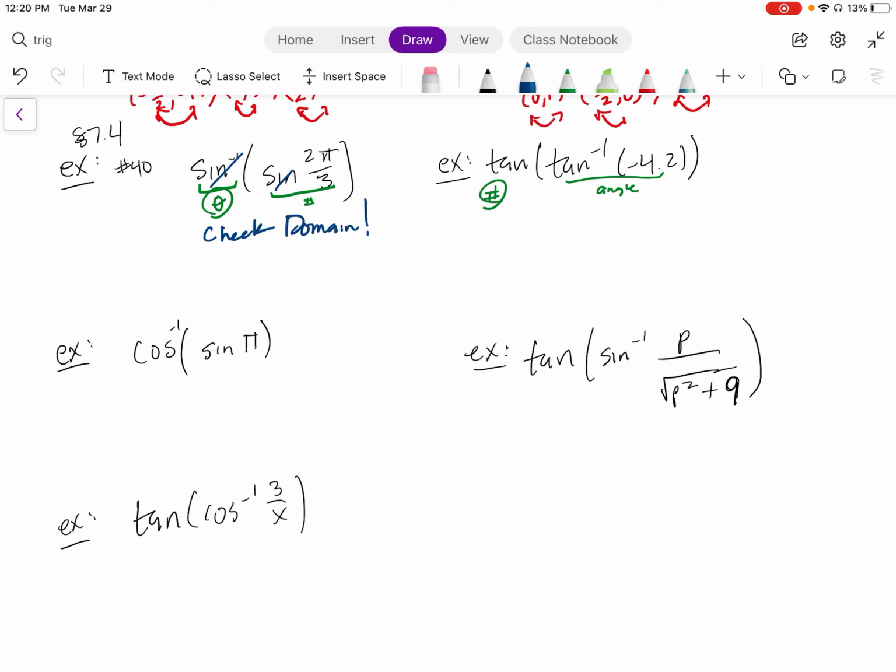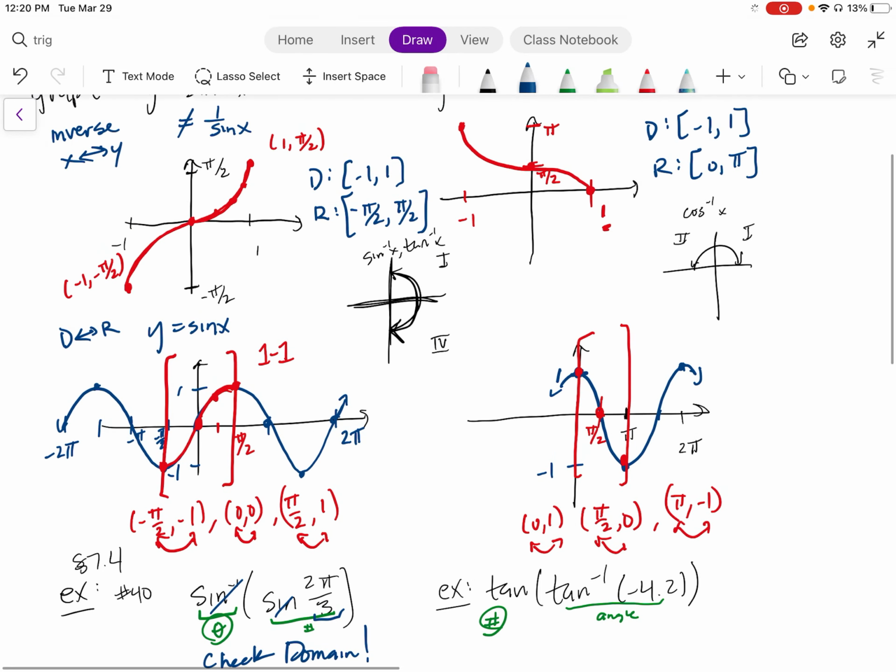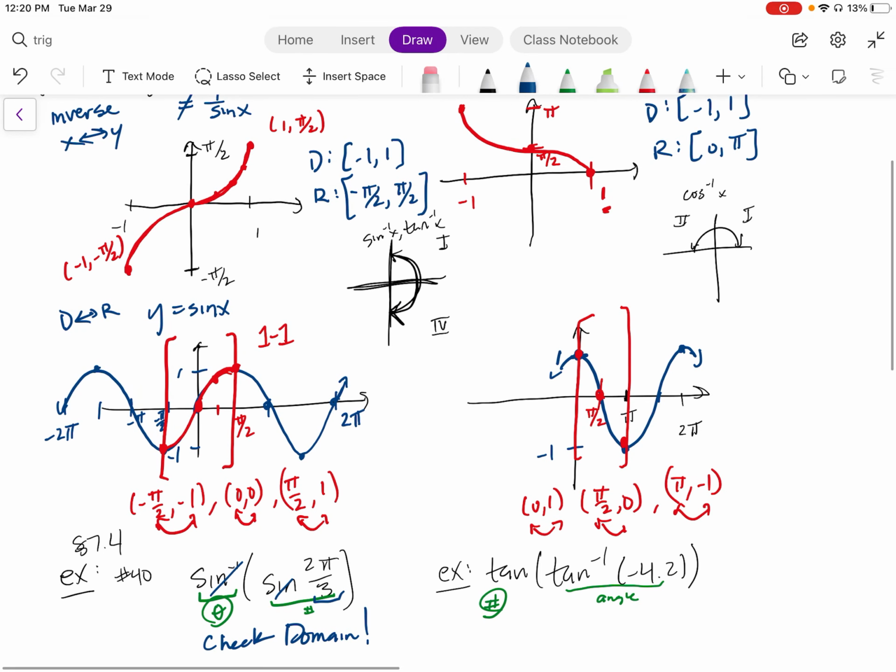We have a problem because of sine inverse of 2 pi over 3. Think of that range, right? We only have negative pi over 2 to pi over 2.